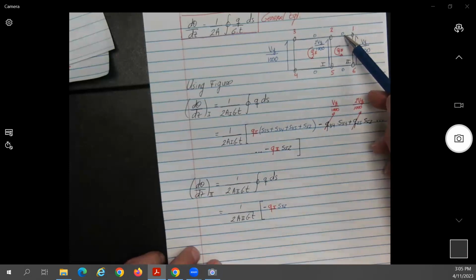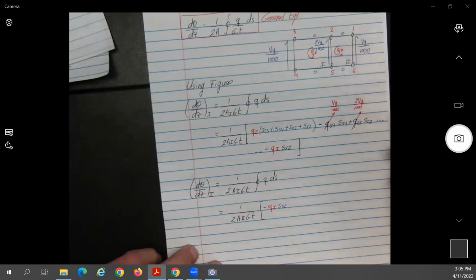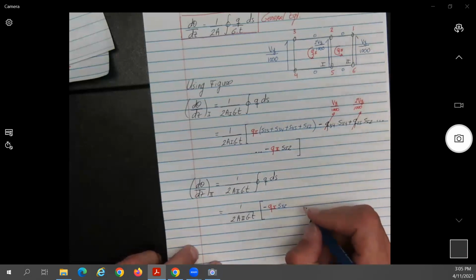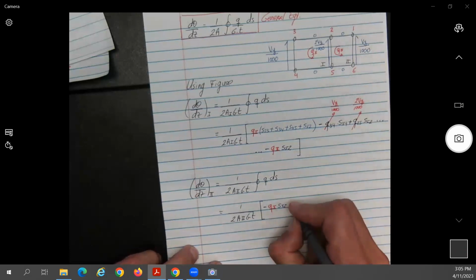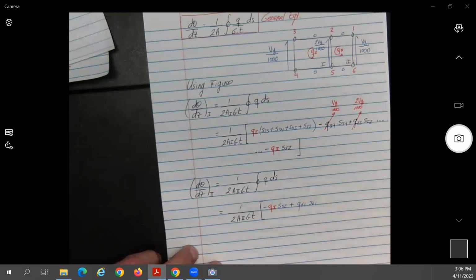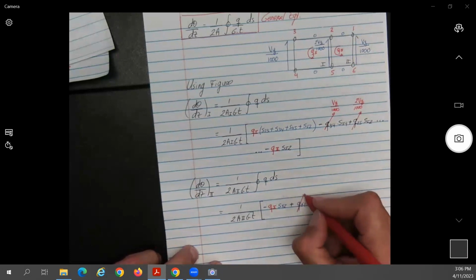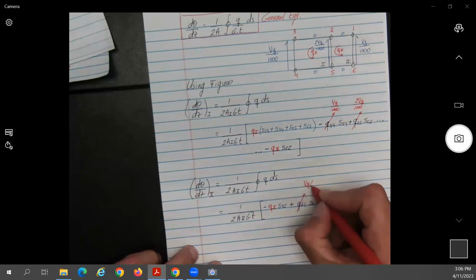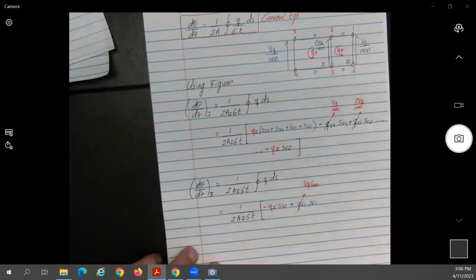So now let's look at the other one. So this is 0. This is 0. Let's look first at Q61. With Q61 producing a counterclockwise, I mean positive or negative twist? Positive. So let's say plus Q61 times S61. And Q61 is Vy over 1000.